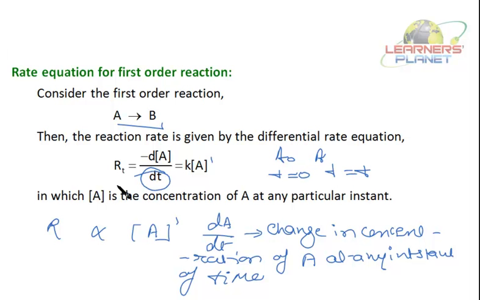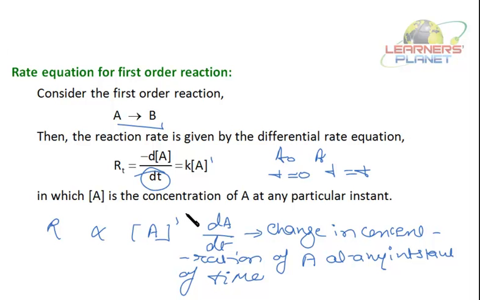So the time can be integrated. Here dt is what? At any instant of time. And this minus dA by A is also integrated. So after integrating this, we'll get the integrated rate equation for the first order reaction.